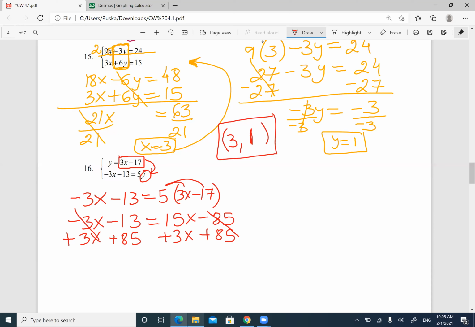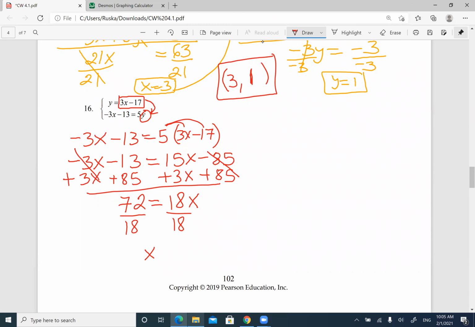Everybody okay with that? So we have 85 minus 13 is 72, equals 18x. And then you're going to divide by 18, which is 4. So we get x equals 4.